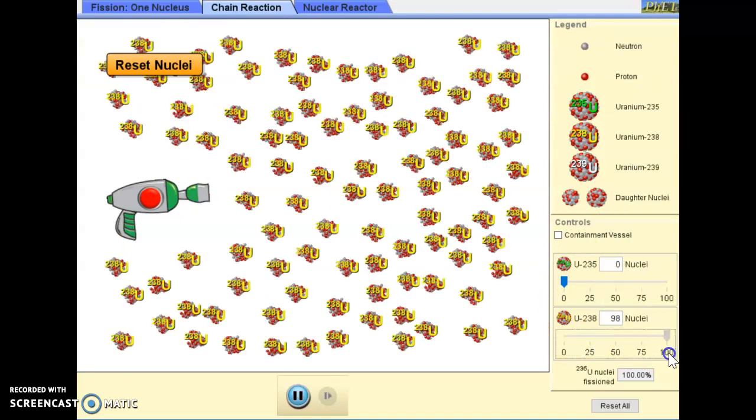If I want, I can go ahead and make it 100% uranium-238. But it's still uranium. That means it's got the same number of protons, but 238, bigger than 235, it's got additional neutrons. And if I shoot this one, that 238 turned into 239.